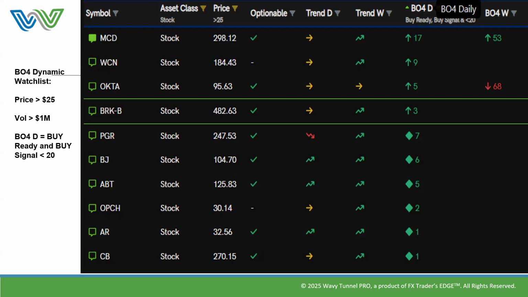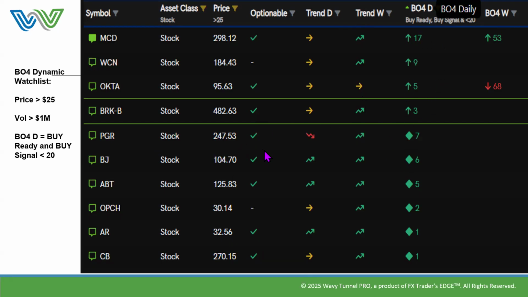So I've checked off both. So buy ready and buy signal. You definitely want, and I also sorted by the trend being up for the weekly. Okay. Up or sideways is fine, but you definitely want that. Again, you want the tunnel to have your back.